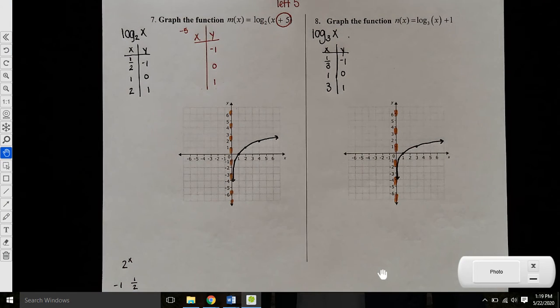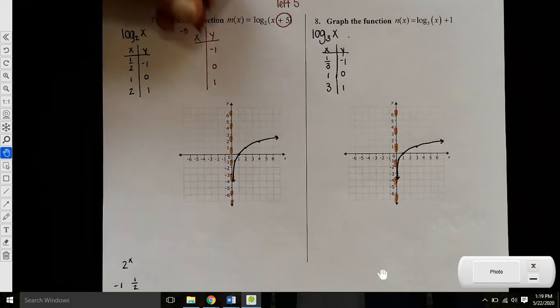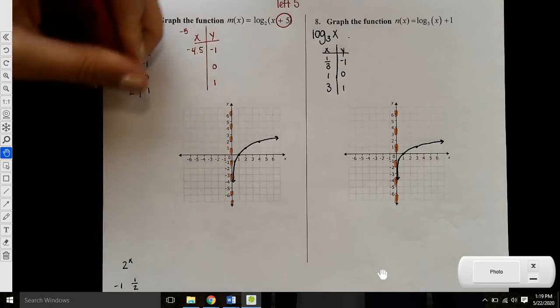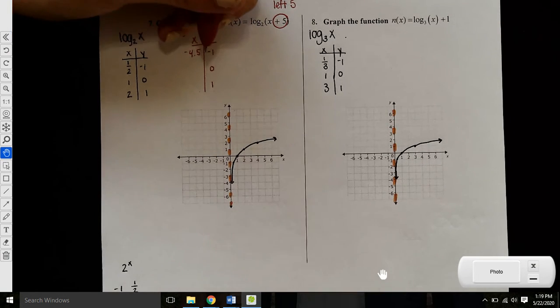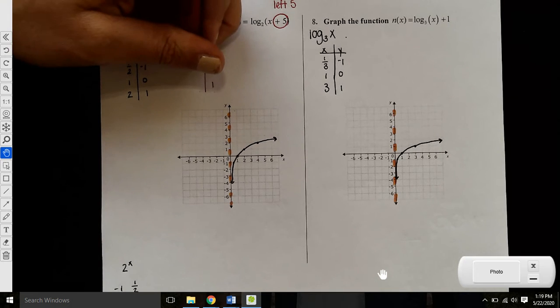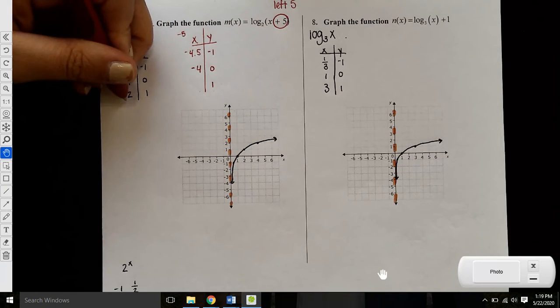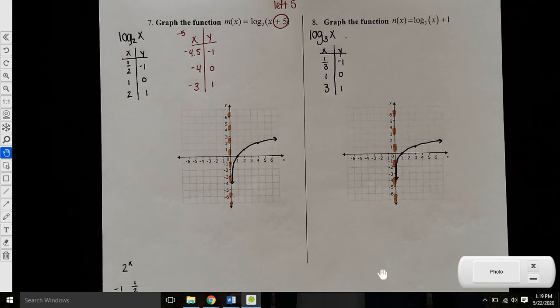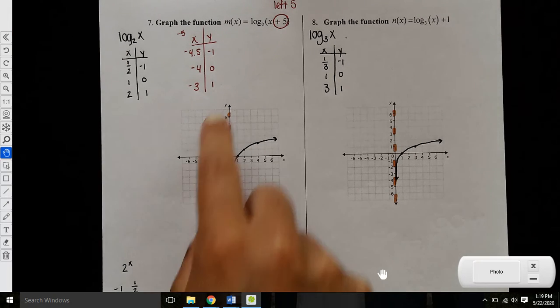All right, so 1/2 minus 5 is going to be negative 4.5. 1 minus 5 is going to be negative 4. And 2 minus 5 is going to be negative 3. One thing to also keep in mind, notice this had an asymptote here.